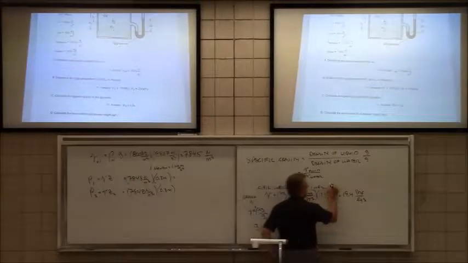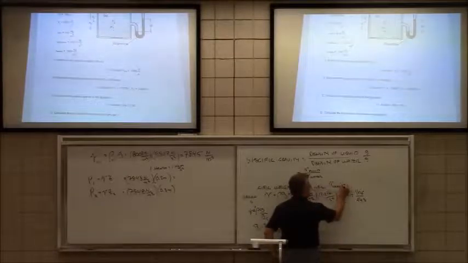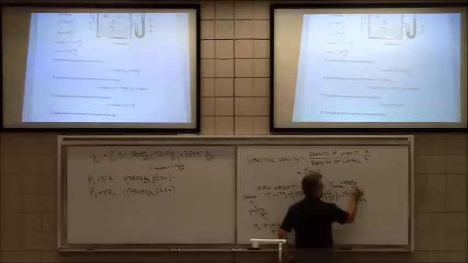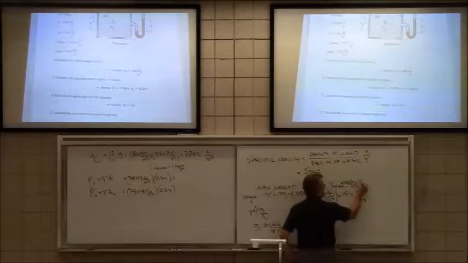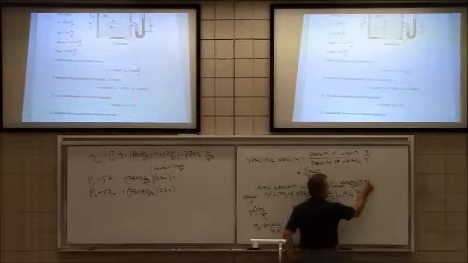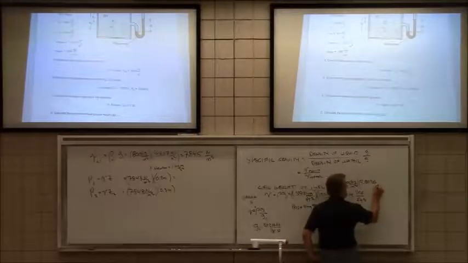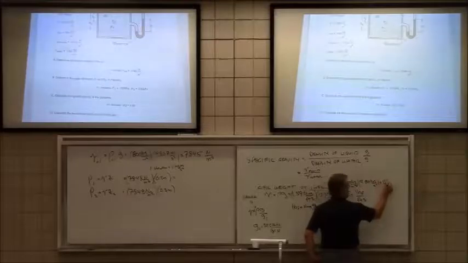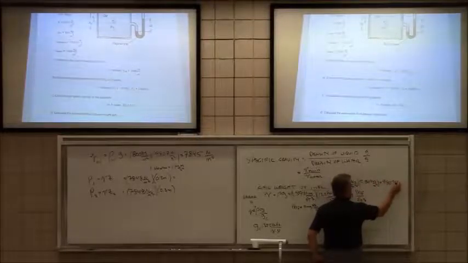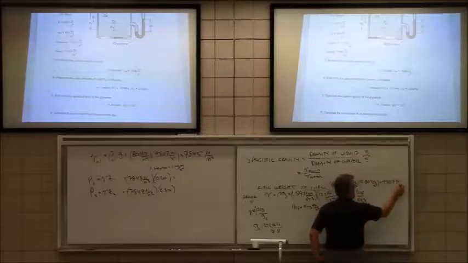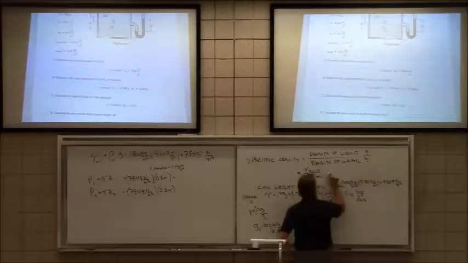Gamma of water is going to be 1,000 kilograms per meter cubed times 9.807 meters per second squared. So this is 9807 newtons per meter cubed.